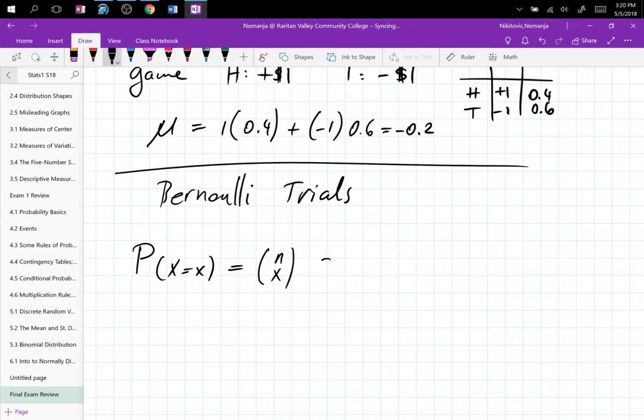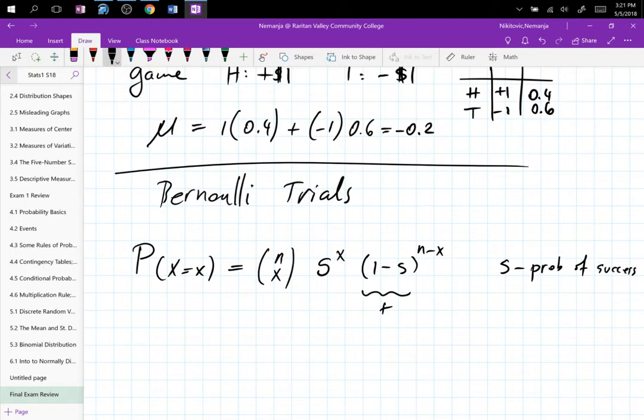So that's, let's say, S to the X, and then the failure, which is 1 minus S, to the N minus X. So S is a probability of success. That's that.